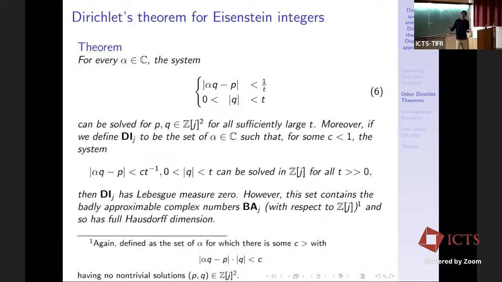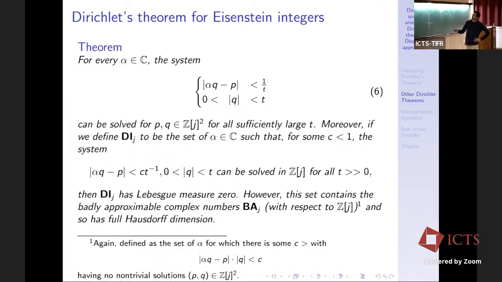The optimal constant turns out to be 1 again, and this is Dirichlet's theorem. It's a very nice theorem. It's exactly the same theorem as Davenport and Schmidt's theorem. So for every complex number, for sufficiently large T, you can solve this system for P and Q.